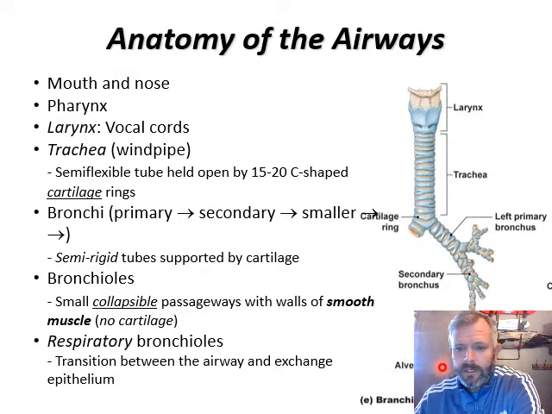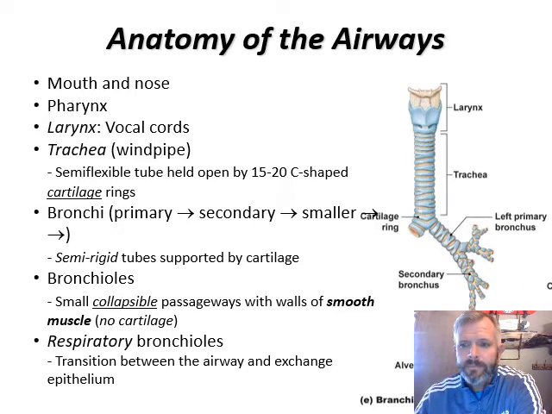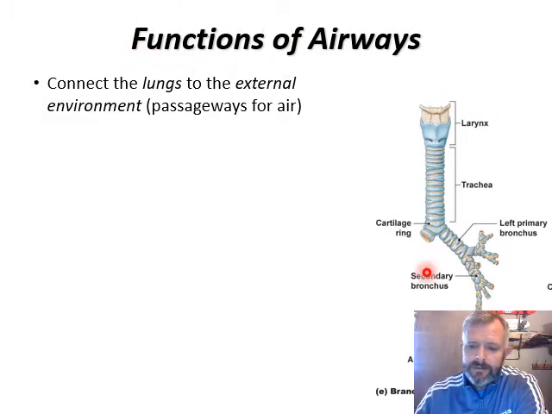And this is where we're going to get the gas exchange. So all of this is the conducting portion of the lung until we get here, where we'll actually get the gas exchange.